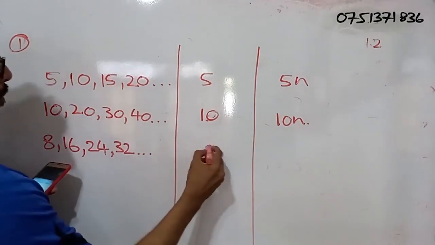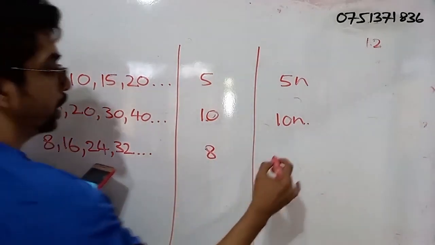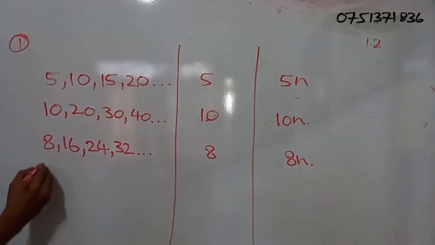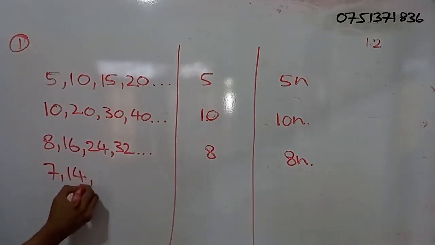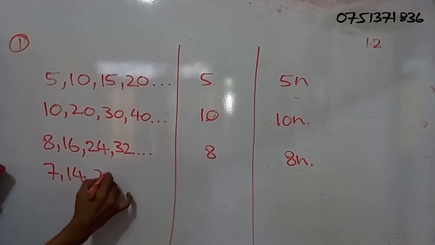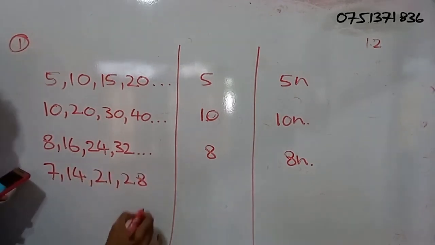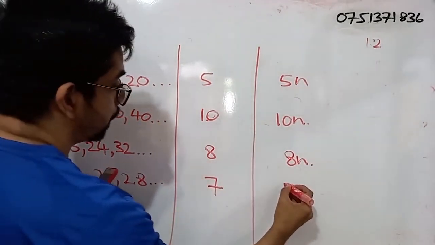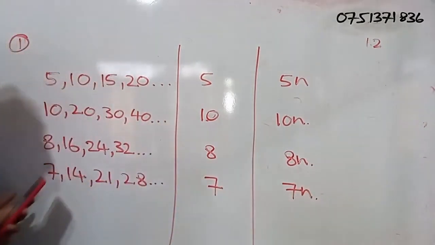What is the first term? 8. What is the general term? 8n. Right. 7, 14, 21, 28. What is the first term? 7. What is the general term? 7n.